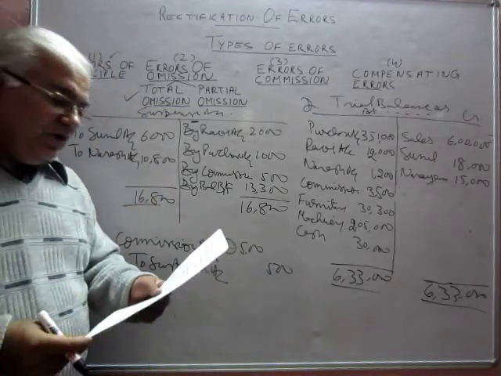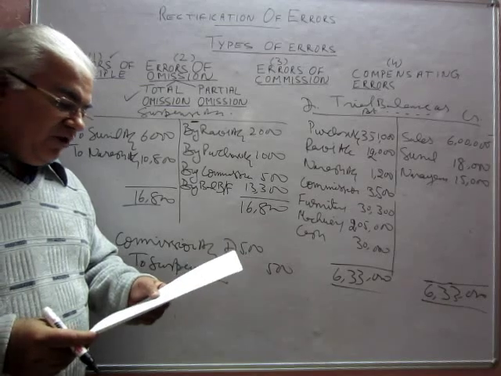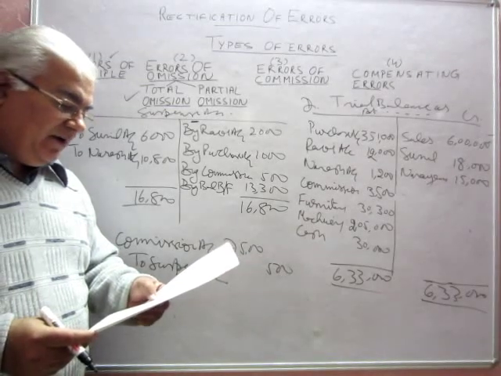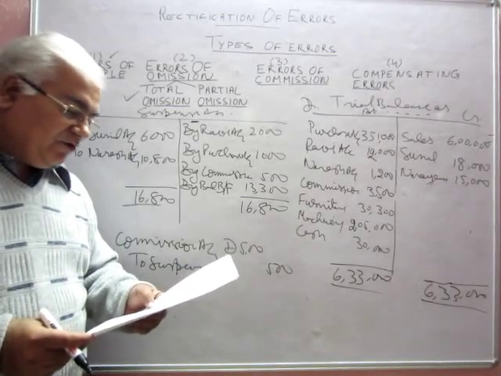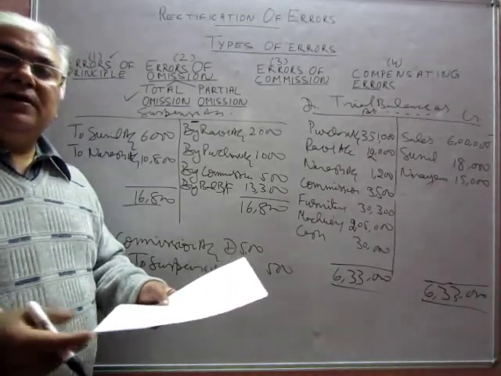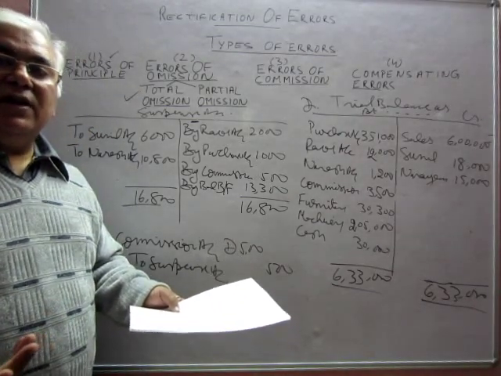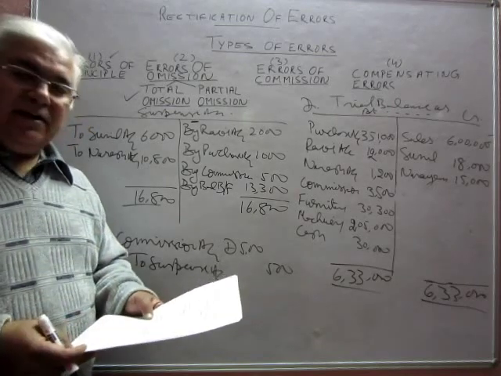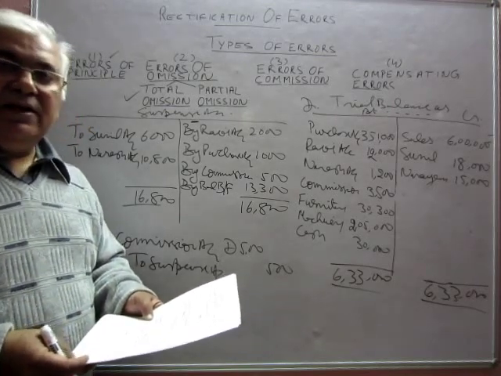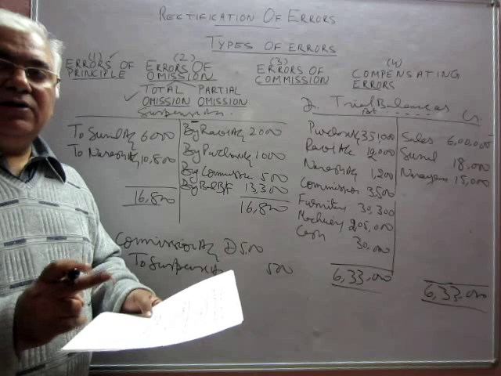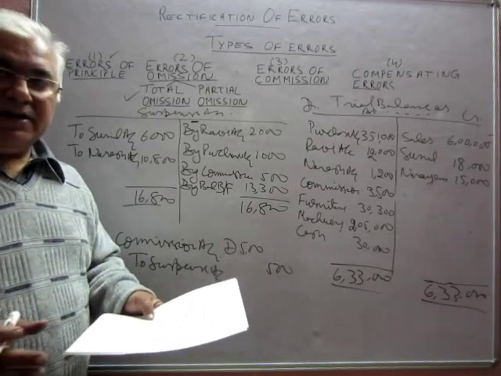Another, goods bought from John were omitted to be entered in purchase book, 5,000 rupees. It's an error of total omission. Now what will happen if we record this entry? Journal entry for this should be purchase account debited to John account credited.